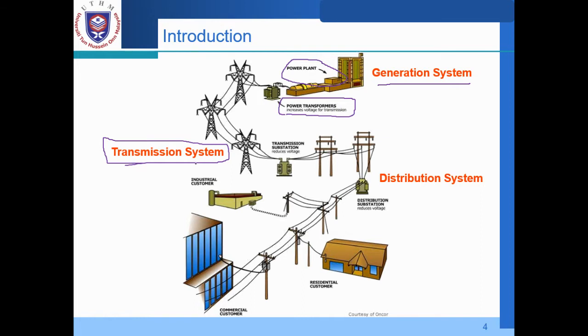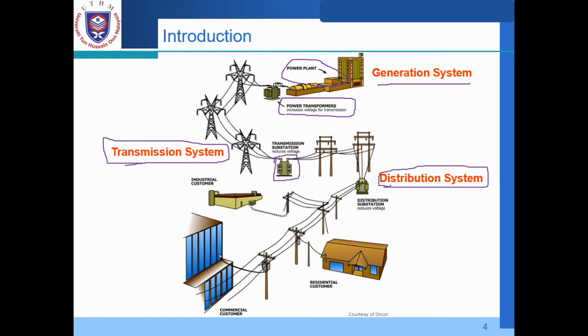Okay, so we will go through a long transmission line carrying the HV, high voltage, HT, high tension, and will in between meet a transmission substation. So we reduce the voltage or we step down the voltage before we come to the distribution system.